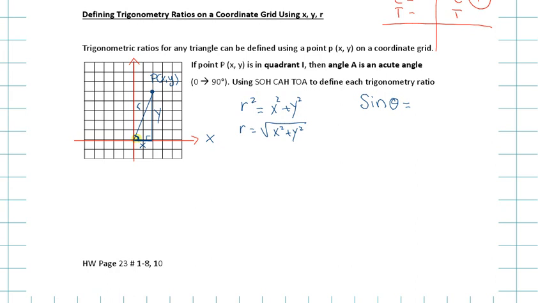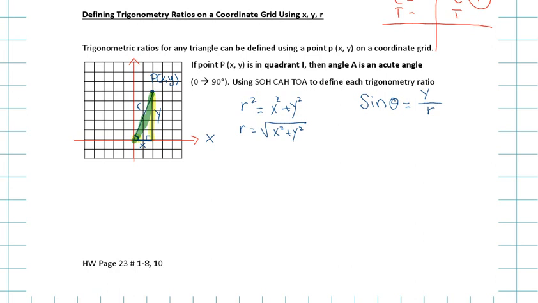What's my opposite? y. And what's my hypotenuse? r. This is your opposite, which is y. This is the opposite of that angle, and this is the hypotenuse. So it's going to be y over r.